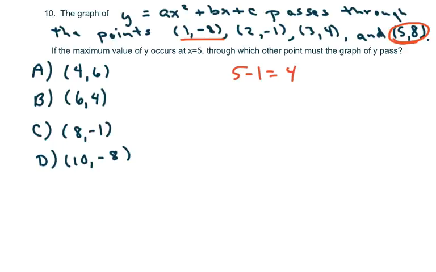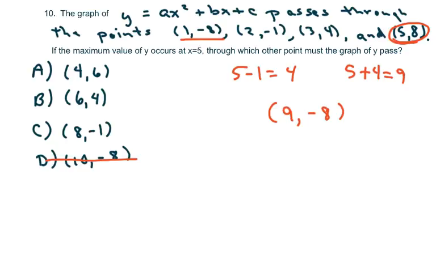So the point that is 4 units to the right of the vertex is 5 plus 4, which equals 9, which will have the same y-coordinate. The graph must pass through (9, -8). Sometimes it helps to graph it. So you can eliminate D.